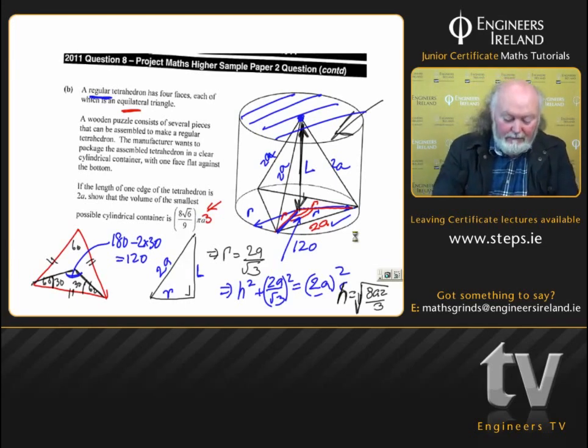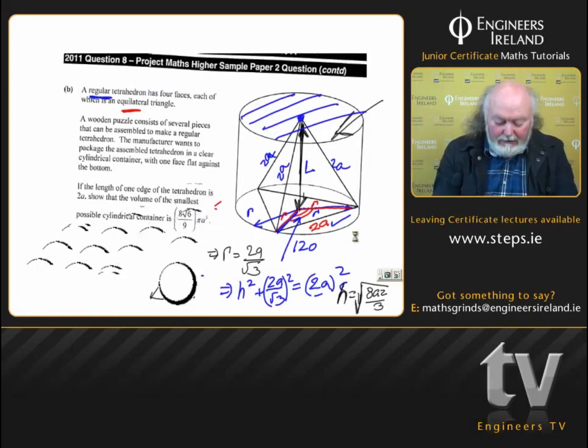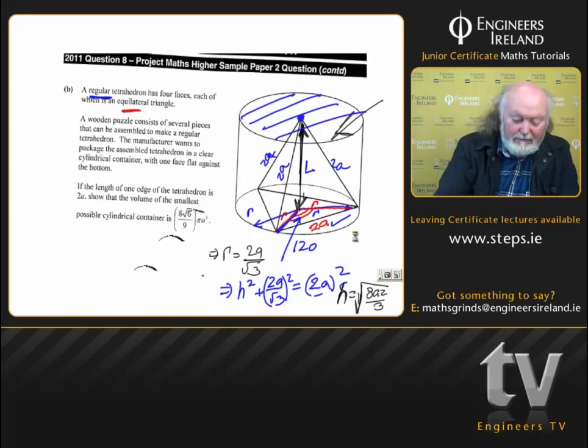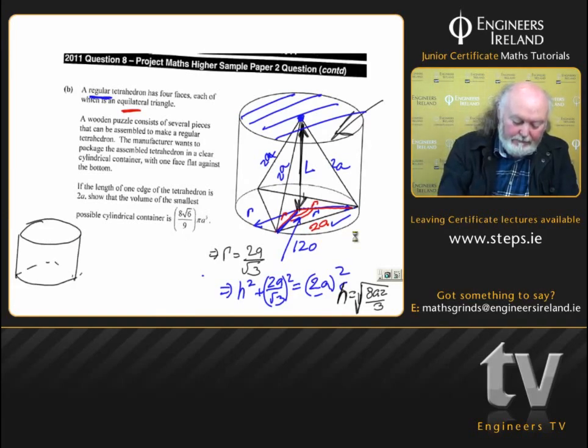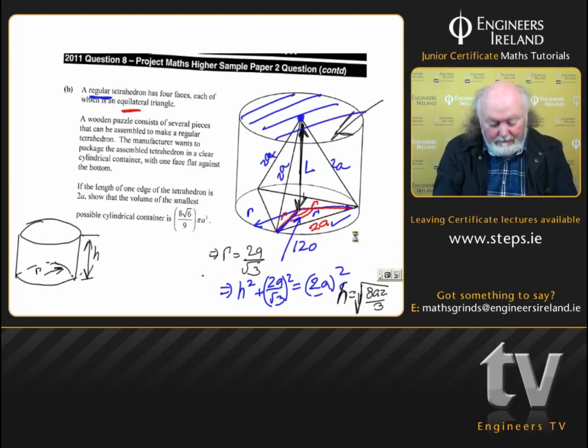And at this stage, you're still with Junior Cert mathematics, because you're now dealing with your cylinder. You know its radius, and you know its height. And that will work out to be that.